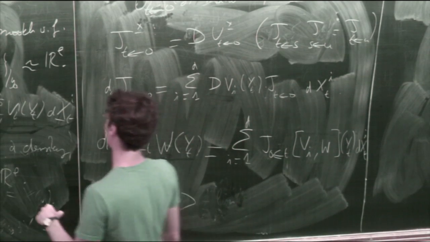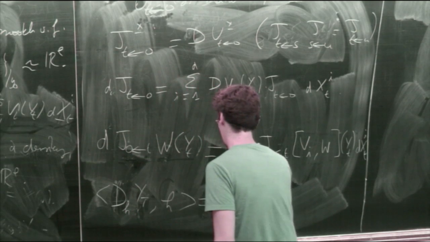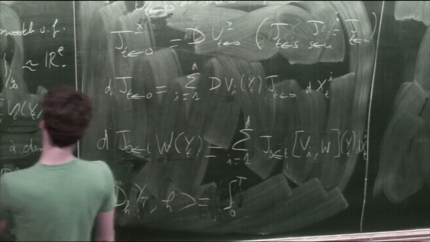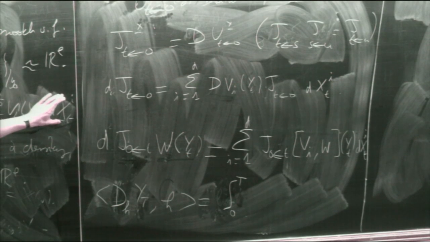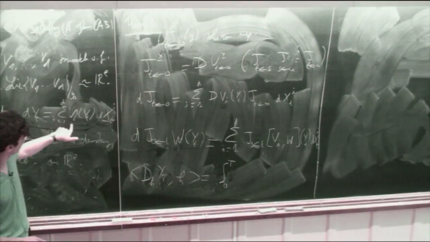And so what happens? Let me write down again, this is going to be given by an integral from 0 to t. So at each time s, you add some bump in these directions, which will mean that your y will be perturbed.